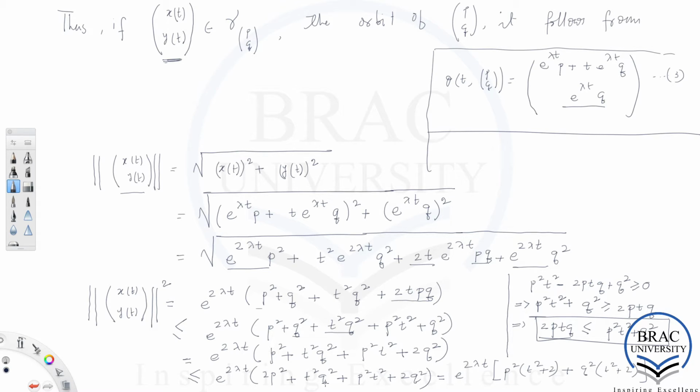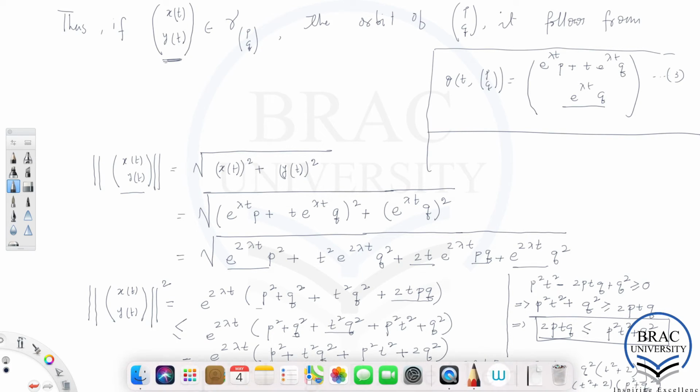And this is going to be equal to e to the 2 lambda t times t squared plus 2 times p squared plus q squared. Okay. Good.